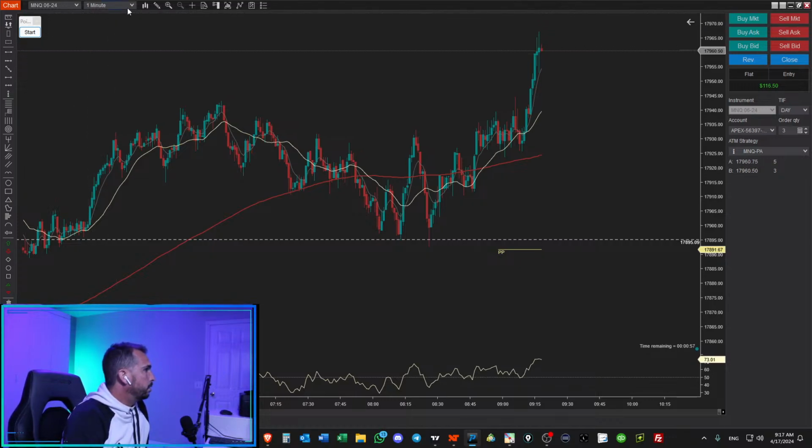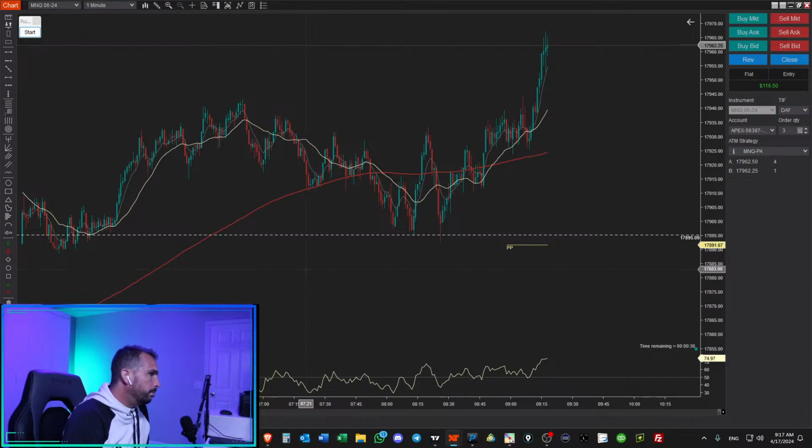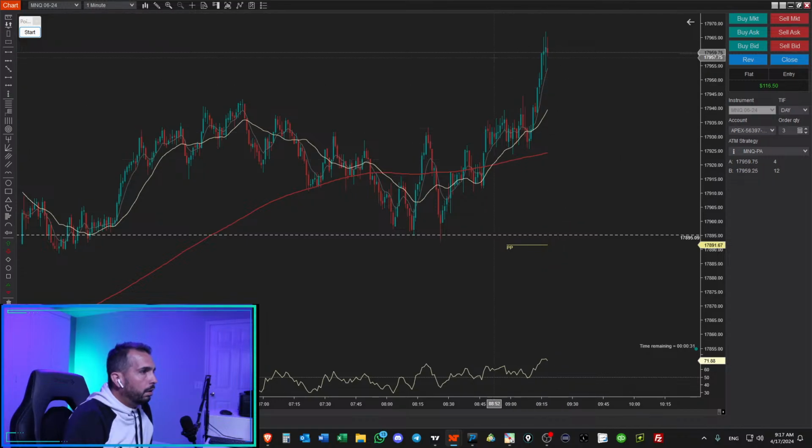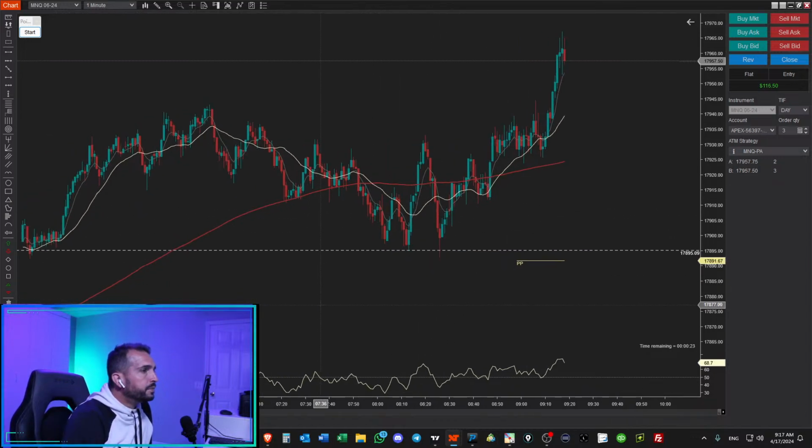During Powell's speech, I went to like a 30-second chart and was scalping like a maniac. After that I did put up some money, and I did end up blowing one PA, but that was way prior. That was even prior to the opening, and it was fine. It was my mistake, but that was fine. And then we passed another one and we got that eval, and the other PAs made money.